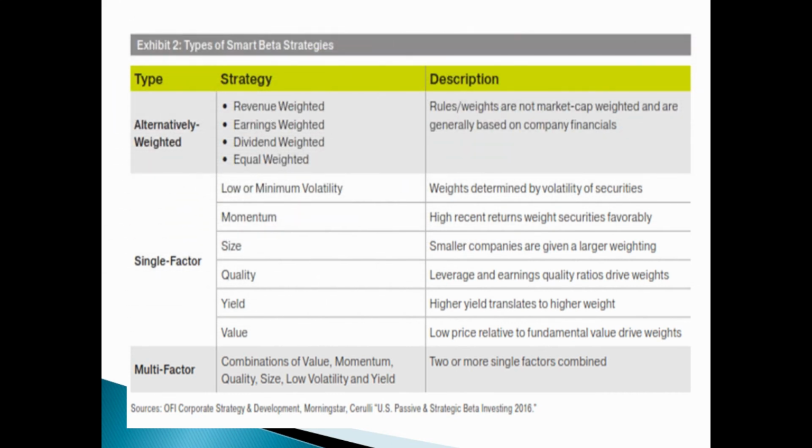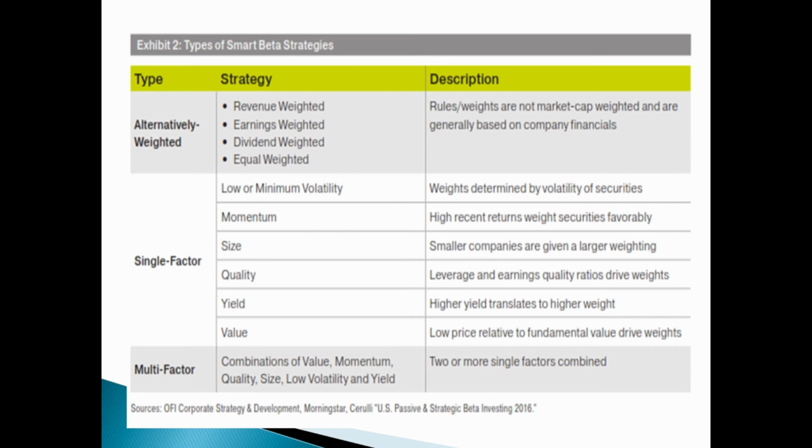Now, this next slide will look at some types of smart beta strategies. And what I want you to focus on, in the top sort of grayed out area, the first one says alternatively weighted. And then below that it says single factor. Now, to really be a smart beta strategy, you normally have to combine both of these. So some funds would market themselves as smart beta, but really just be focusing on a factor, but not doing any alternative weighting.